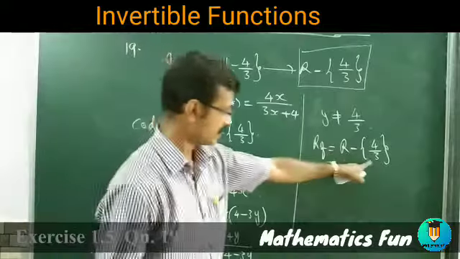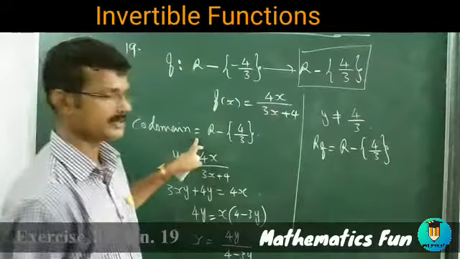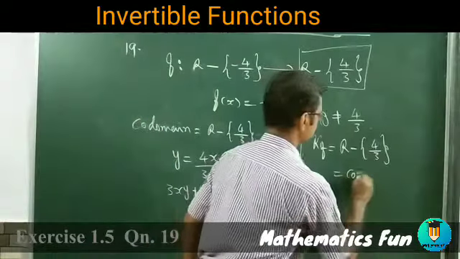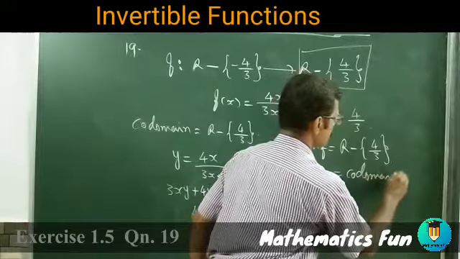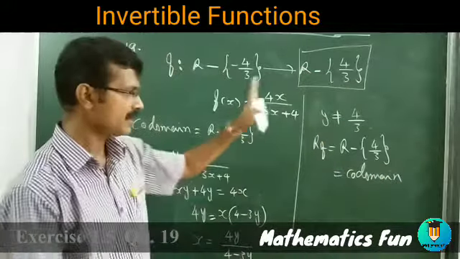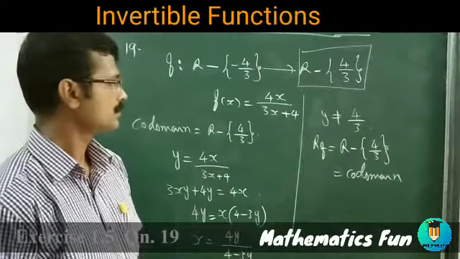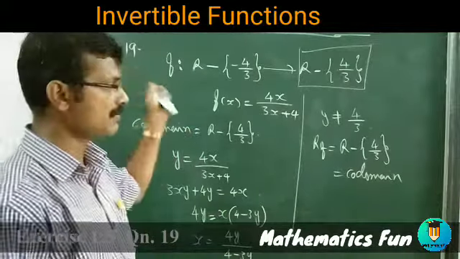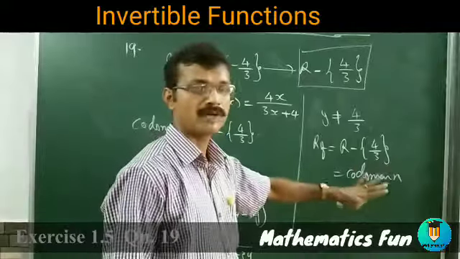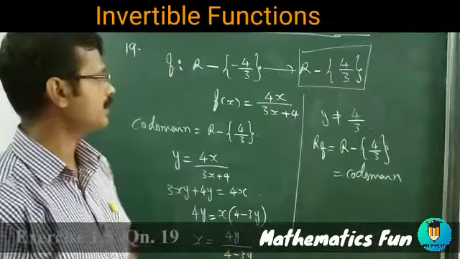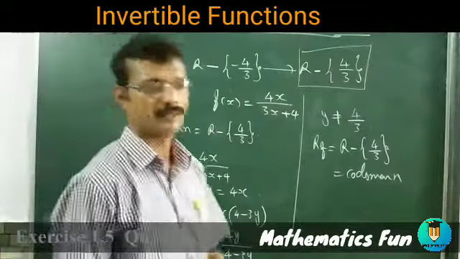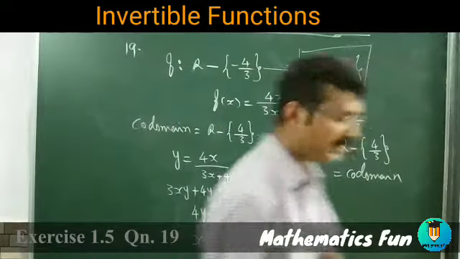If you observe, this is the same as our codomain. That means range is equal to codomain, so the function is onto. Since the function is one-one and onto, we can say that f is invertible.